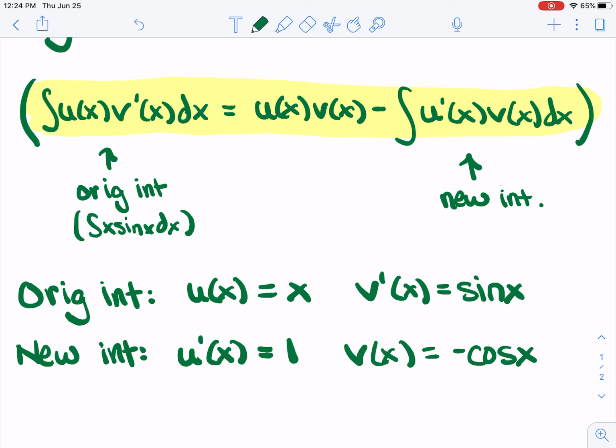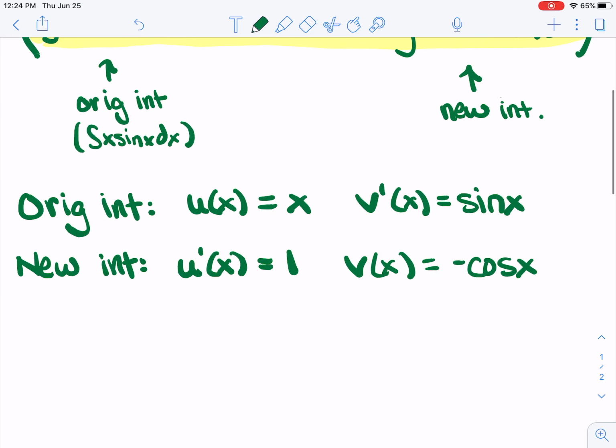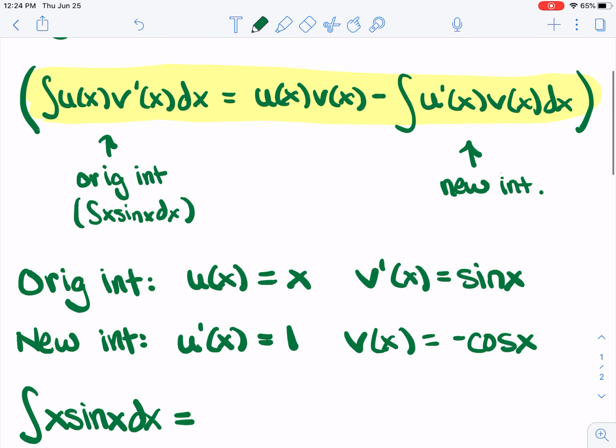Now we have all the pieces for our integration by parts formula. So our x sine x dx integral is equal to u times v. So I have u and v here in this little table I made.